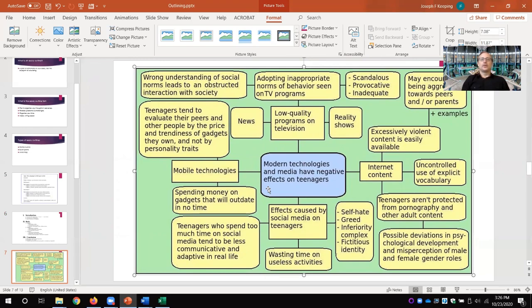Some people find the mind map approach to be very useful. It can work as a brainstorming method. We're not going to be doing that here. If you want to learn more about it, there's plenty of places where you can research it on the internet.